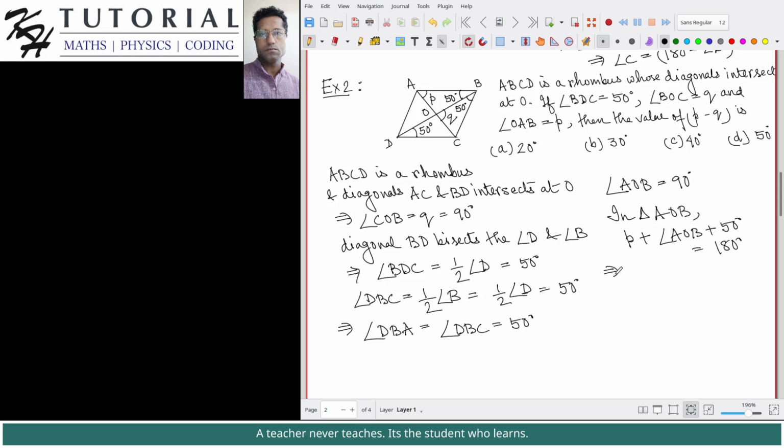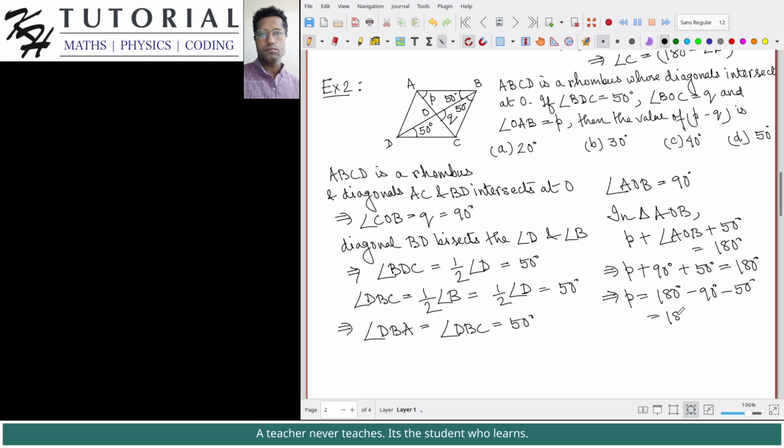So this will imply P plus 90 degrees plus 50 degrees is equal to 180 degrees. So P is equal to 180 degrees minus 90 degrees minus 50 degrees.